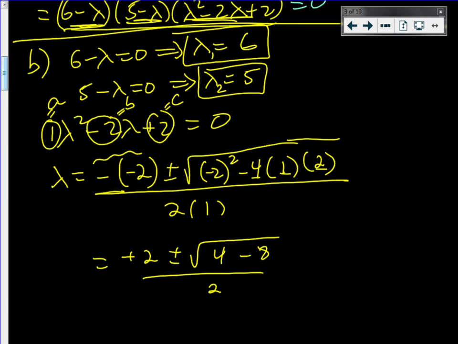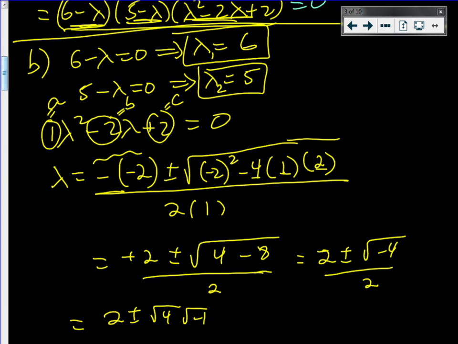So this becomes 2 plus or minus the square root of negative 4, over 2. But negative 4 is the same thing as 4 times negative 1. So the square root of 4 times the square root of negative 1.